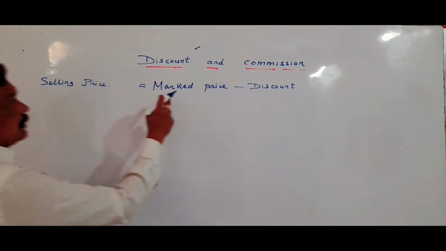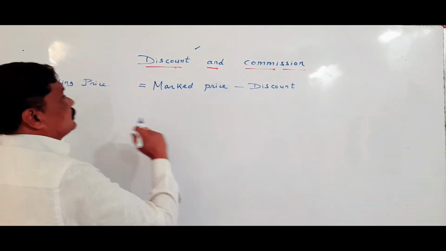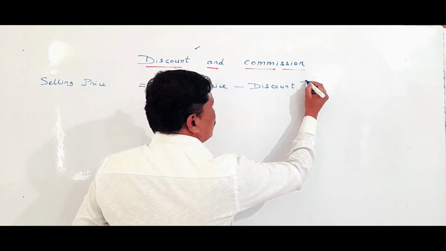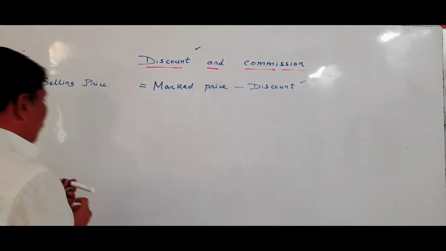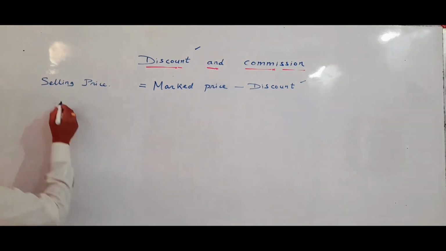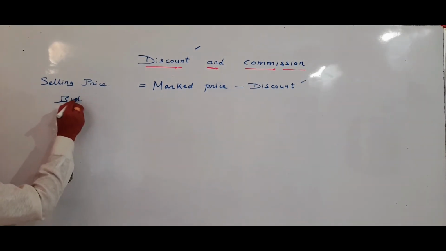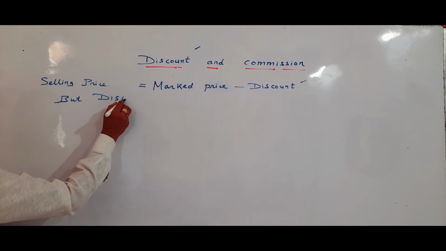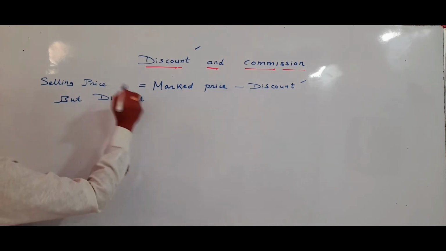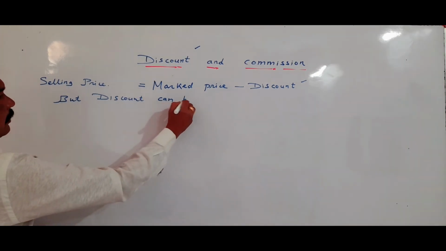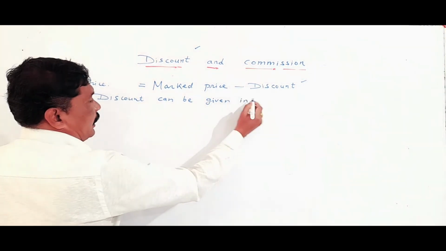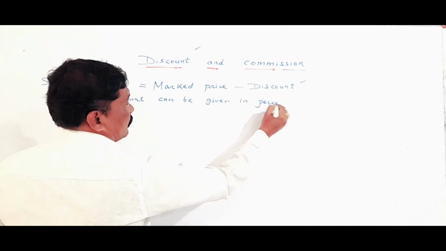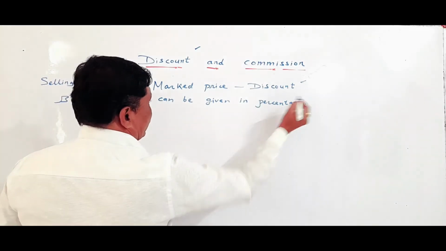Now we got a formula. Selling price is equal to mark price minus discount. But discount can be given in percentage.